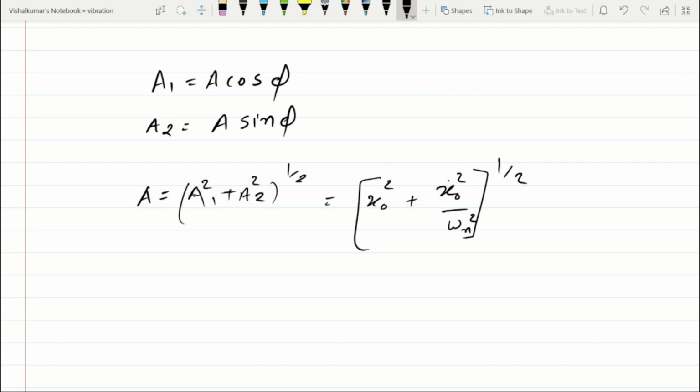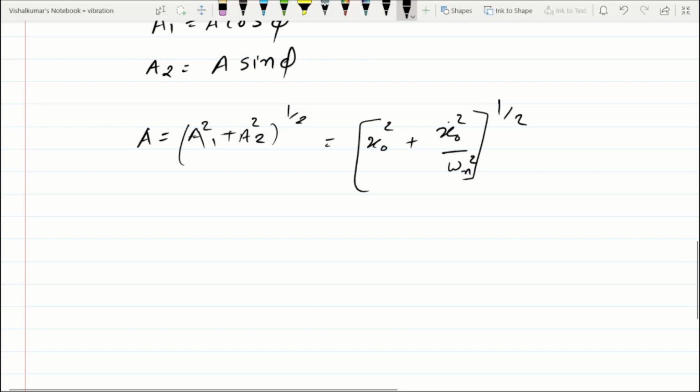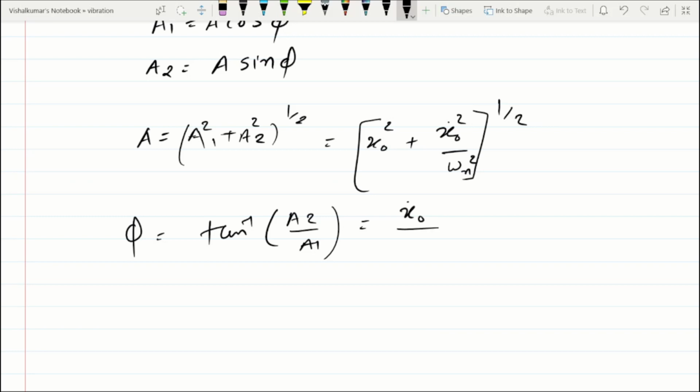And the value of phi can be found as tan inverse of a2 divided by a1, which is equal to tan inverse of x dot 0 divided by x0 omega n.